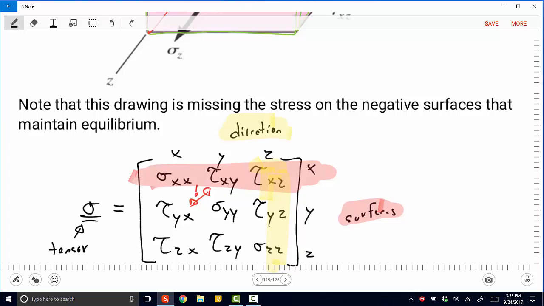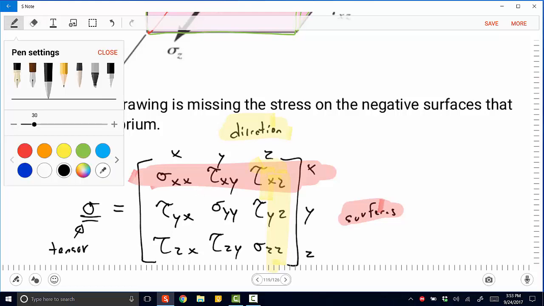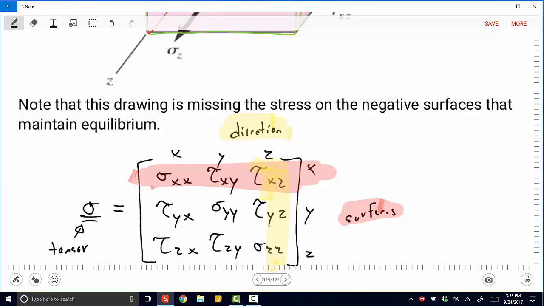And we'll note here that if we look at the indices of the off-diagonal terms, and compare them, in all cases, we switch our indices. We're switching the direction and the surface that these shear stresses are acting on.